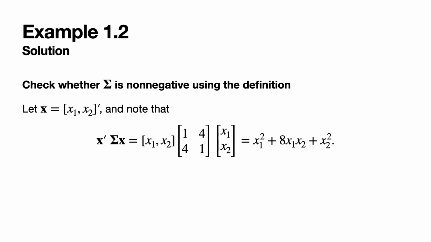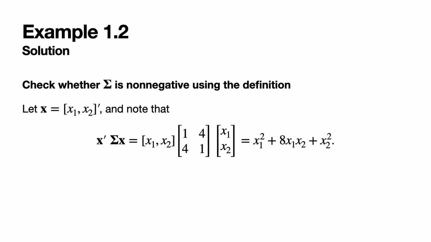Now, suppose that we were looking at this expression and we were using the definition to determine whether or not cap sigma was either positive definite or positive semi-definite. And if we had a hunch that maybe it was neither, we might start looking for x vectors for which this quadratic form is negative.